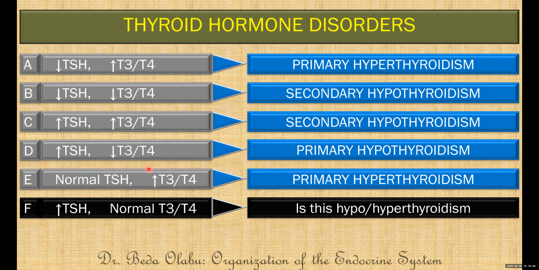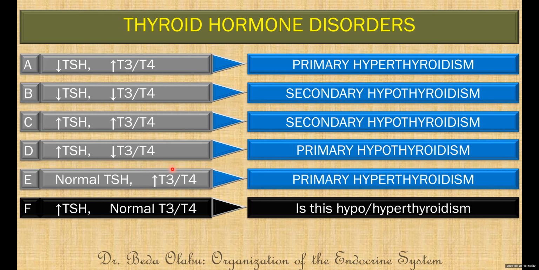Yeah, it's hyperthyroidism because the gland is hyperfunctioning. No, I don't get it. Okay, so the gland is hyperfunctioning. Is the hyperfunctioning of the gland dependent on TSH or not?